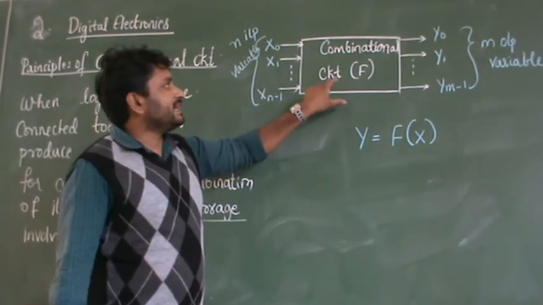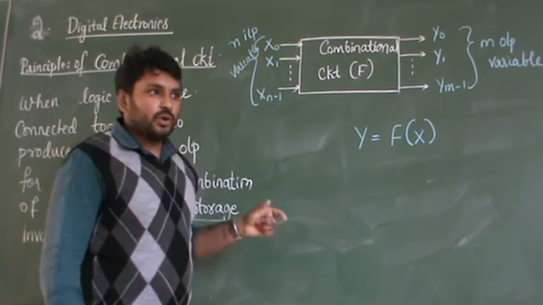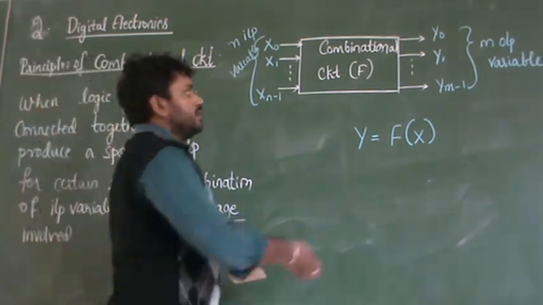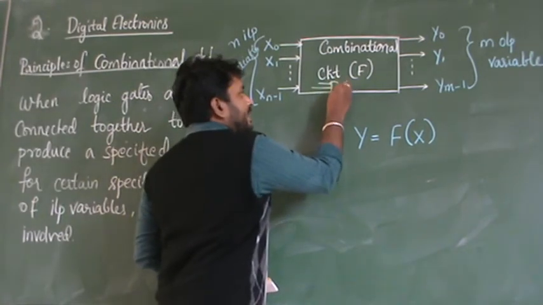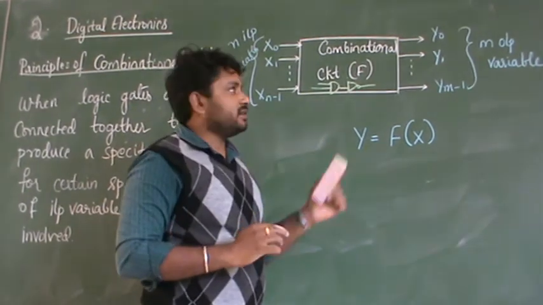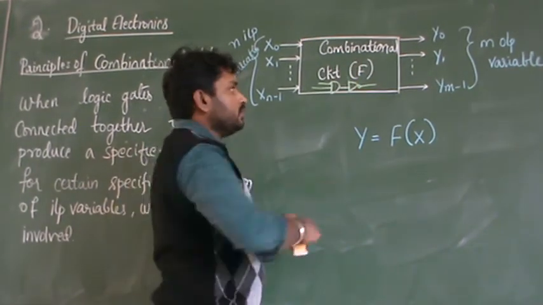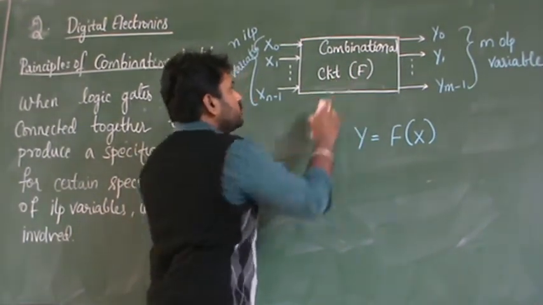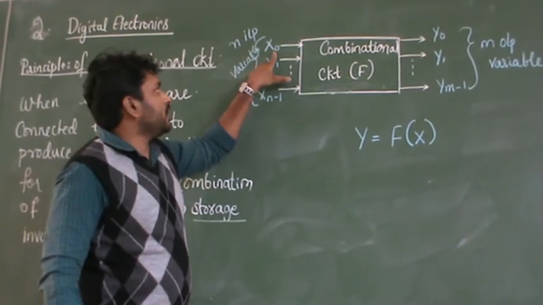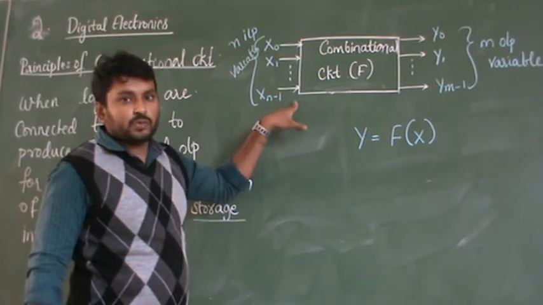So what is there in the combinational circuit? According to the definition, it is a collection of logic gates, right? There will be many gates like AND gate and NOT gate. Some structure is there within the combinational circuit. For that, you are supposed to give the inputs. What inputs are we giving here? x0, x1 till xn minus 1.